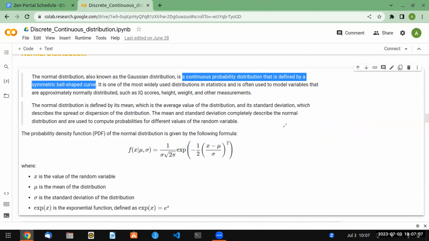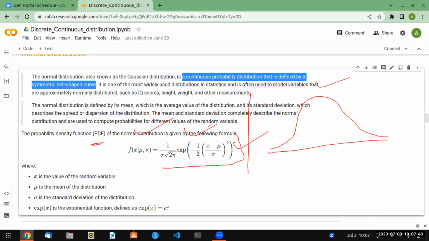I told you two ways of interpretation: either you see a mathematical equation that looks like this, or you plot it and see this shape. In either way, you can say this is a normal distribution. This is also the PDF, the probability density function of the normal distribution.